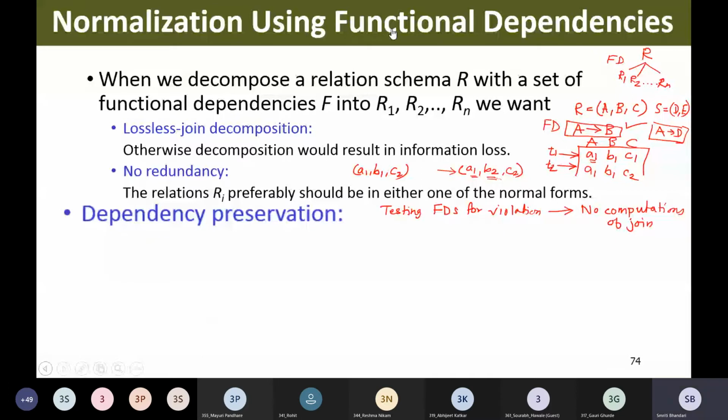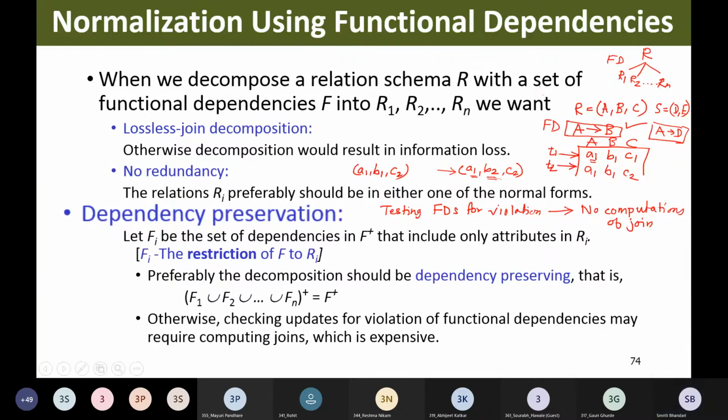Let's extend our discussion now related to this dependency preservation. So, formally, how are we going to test this dependency preservation? We have the original set F, which comprises the functional dependencies that exist. Now, we know using this F how to compute the closure of F, that is F plus.